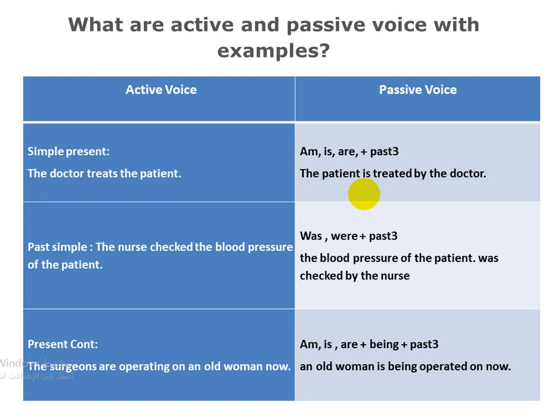An old woman is, but old women are. An old woman is plus being plus participle, which is the verb number 3.